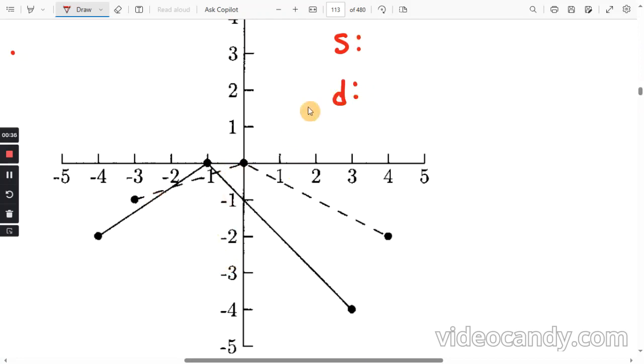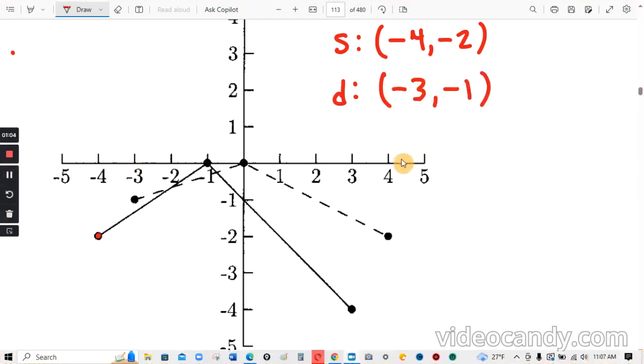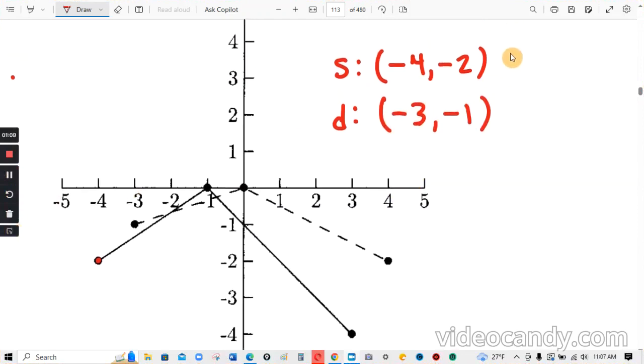All right. So for the solid graph, this point right here, the X coordinate is -4. The Y coordinate is -2. All right. And on the transformation, this point right here, x is -3, y is -1. All right, -3, -1. Next point over on the solid graph.